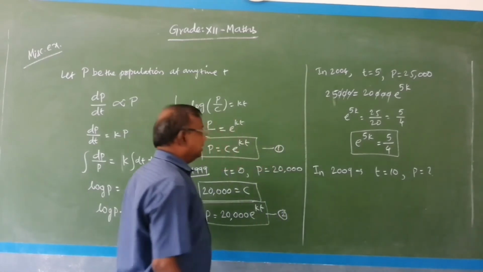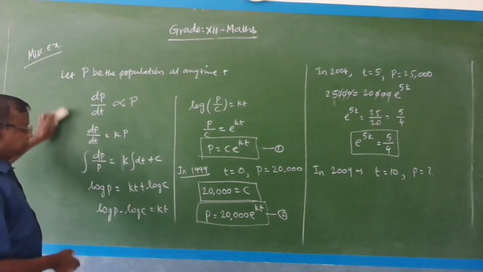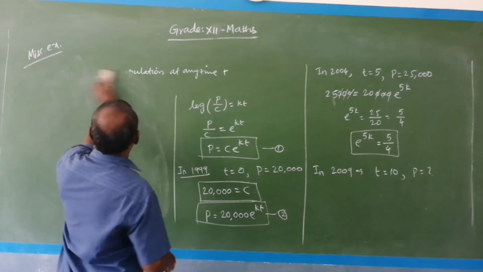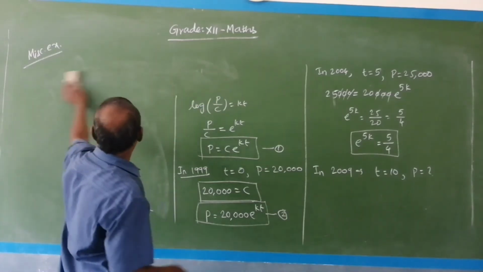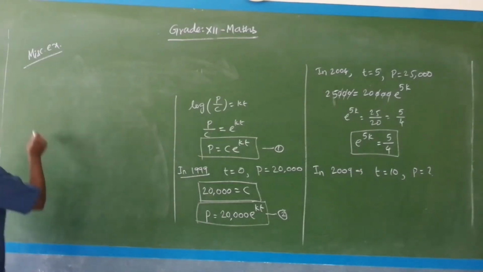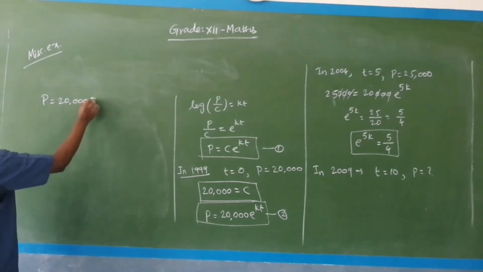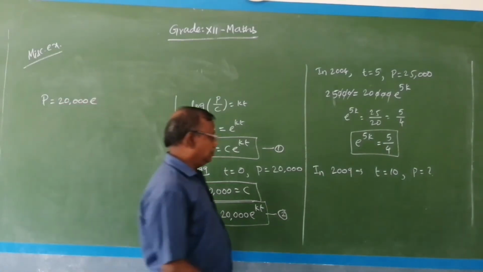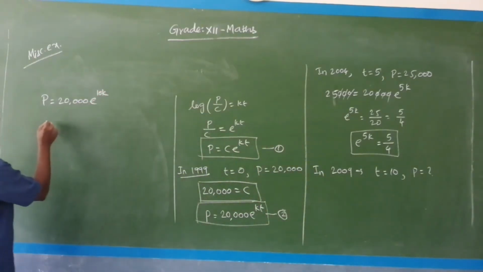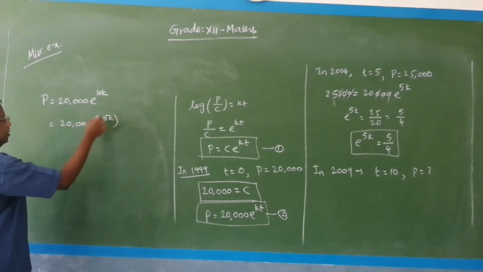So, substituting again in the second equation, we need to calculate the value of population P equal to 20,000 into e power, T equal to 10, so 10k. e power 10k can be written as 20,000 into e power 5k the whole square.